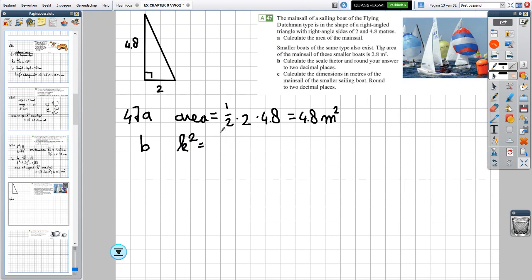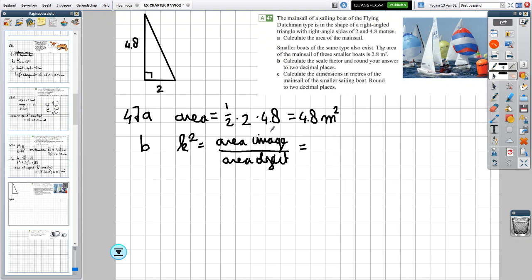K squared is the area of the image divided by the area of the object. They don't state it very directly here, but I suggest that the first thing that they named is the object and the new one is the image.